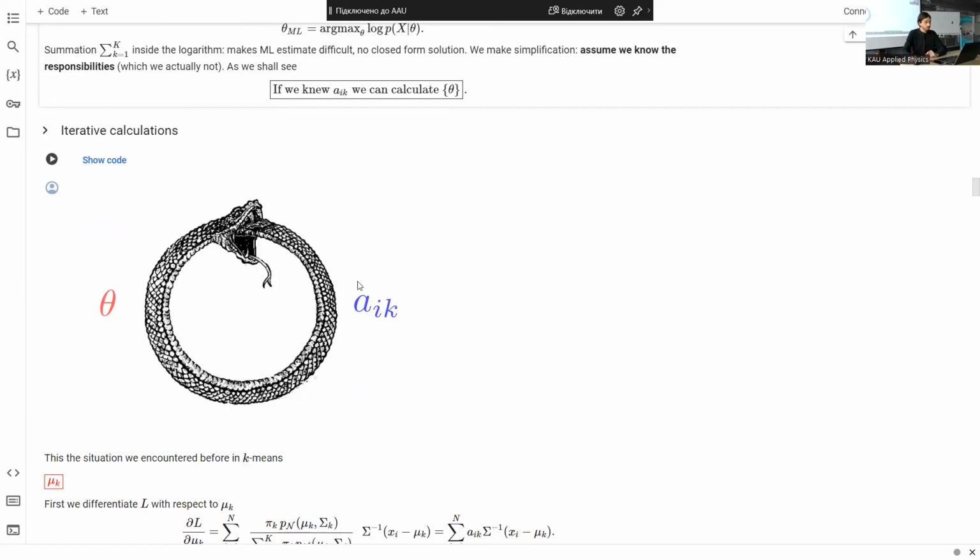And the solution is very similar to the problem we had when we were considering k-means. If you remember, in k-means, we had a very similar situation where we couldn't find our parameters aik and some different things simultaneously, and we were continuously updating some parameters, then some other parameters, and so on.